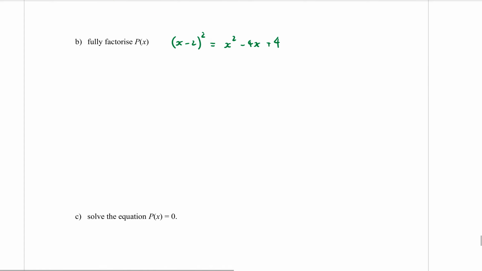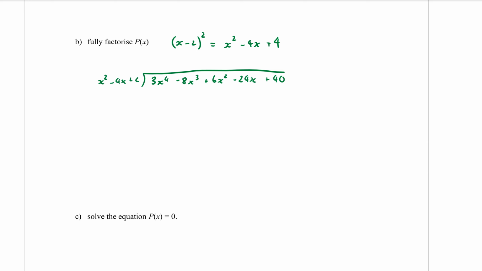Doing the division, the polynomial was 3x to the 4 minus 8x cubed plus 6x squared minus 24x plus 40. And we're dividing that by x squared minus 4x plus 4.